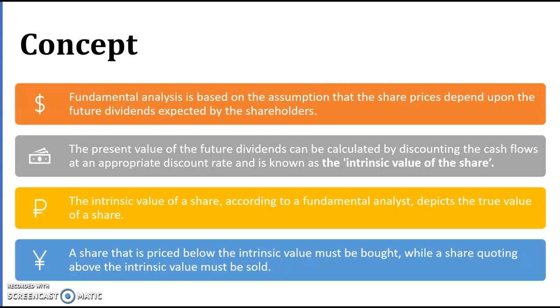And if the share price is higher than the intrinsic value, and the intrinsic value lies at a lower point than the market price, then it can be expected that in the near future the share price is going to go down.